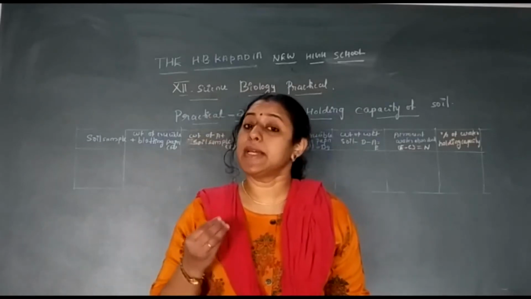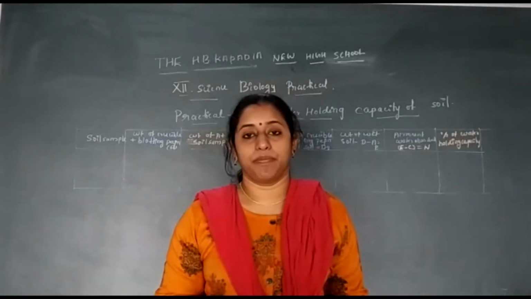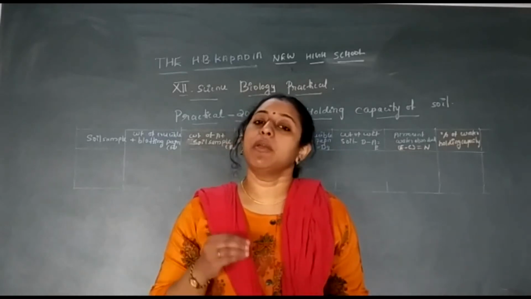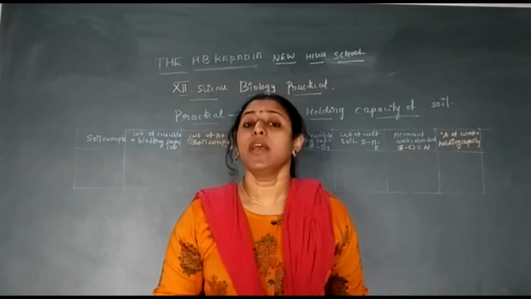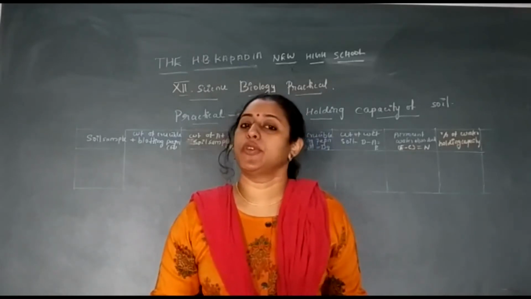So the best type of soil for cultivation is loam soil, which has medium sized particles and medium water holding capacity. So today we are going to do the practical of water holding capacity of soil.